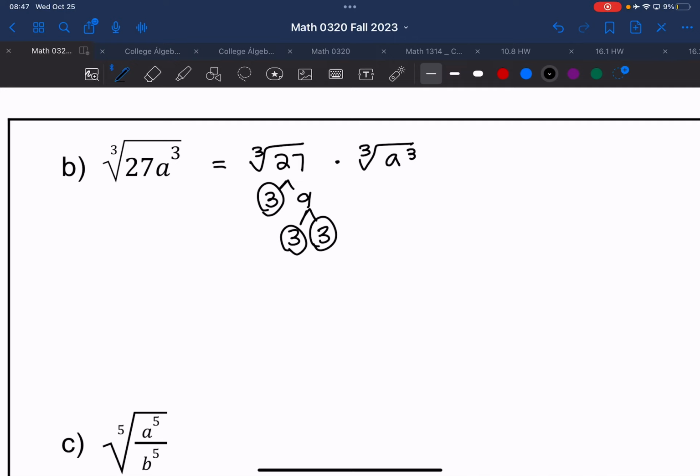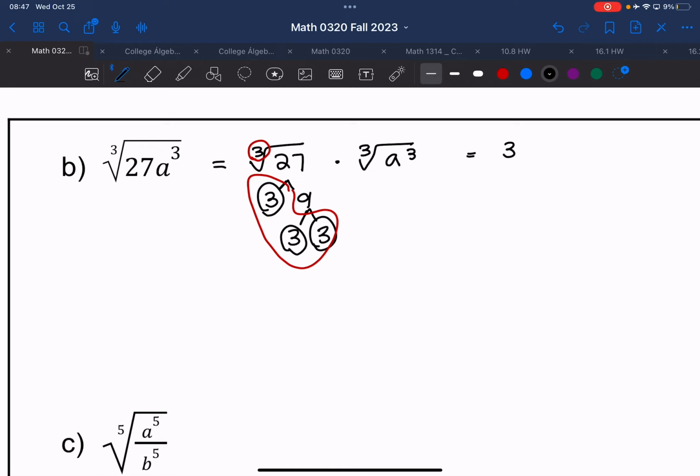That means we are going to be looking for pairs of 3 because of this radical. So the answer for that first part is going to be what? 3. So equals 3 so far.